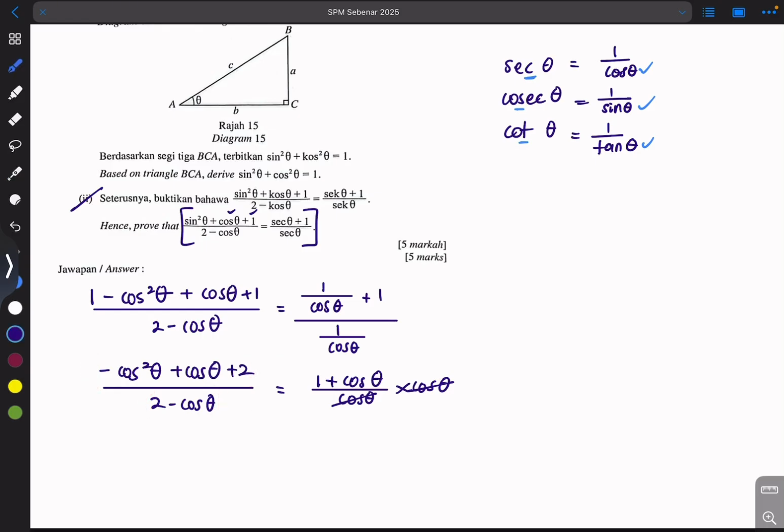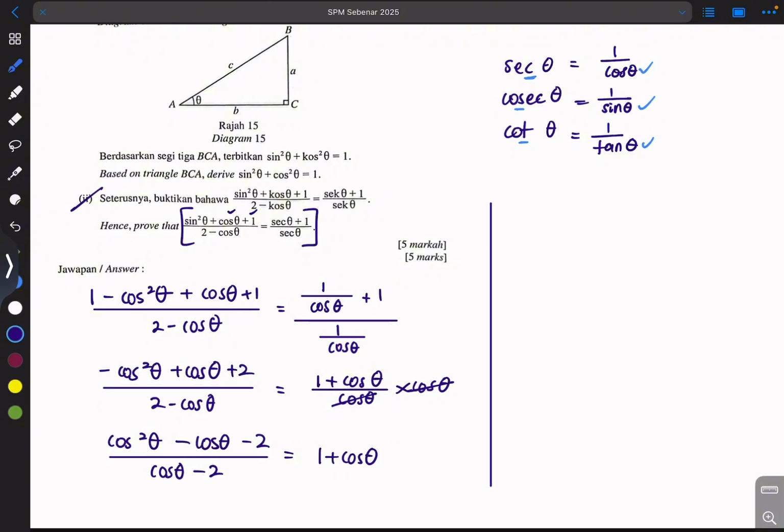On top we multiply by negative, we get cos square theta minus cos theta minus 2 over cos theta minus 2. This one becomes negative, this one becomes positive, because we multiply top and bottom with negative 1. Equals to 1 plus cos theta.